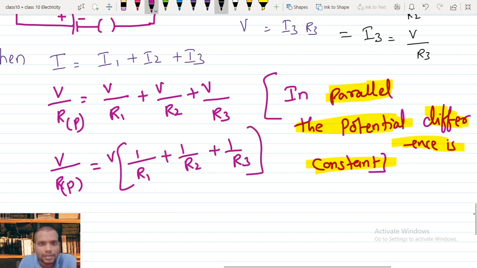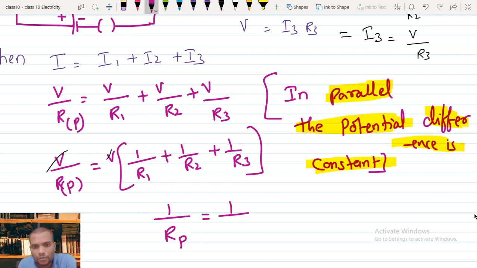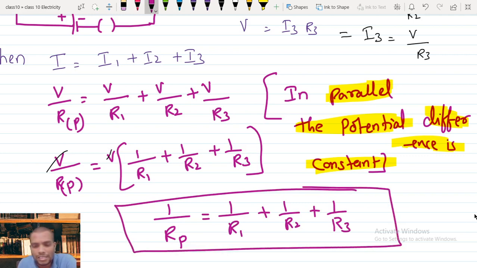Now you can cancel the potential difference V on both sides. So the total resistance in parallel: 1 upon Rp equals 1 upon R1 plus 1 upon R2 plus 1 upon R3. This is the formula for total resistance in a parallel combination.